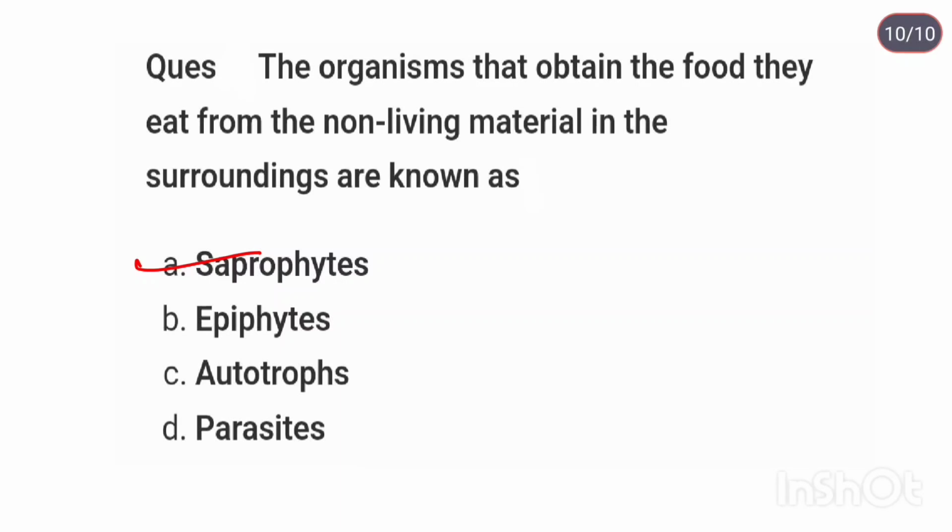Autotrophs are other organisms that produce their own food using carbon dioxide, water, minerals, and light. Epiphytes are organisms that grow on another plant's surface and derive their nutrients from the air around them. Parasites live in a host organism or on it and receive their food from their host.